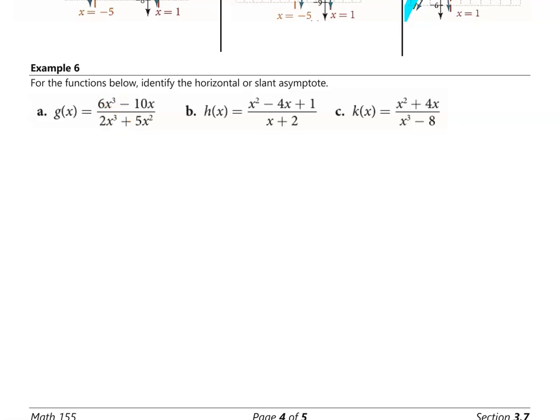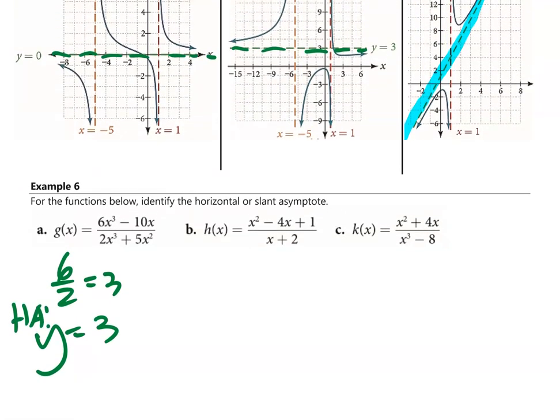So when they are the same, all you have to do is divide the coefficients. So 6 divided by 2 is equal to 3. So meaning you have a horizontal asymptote at y equals 3.